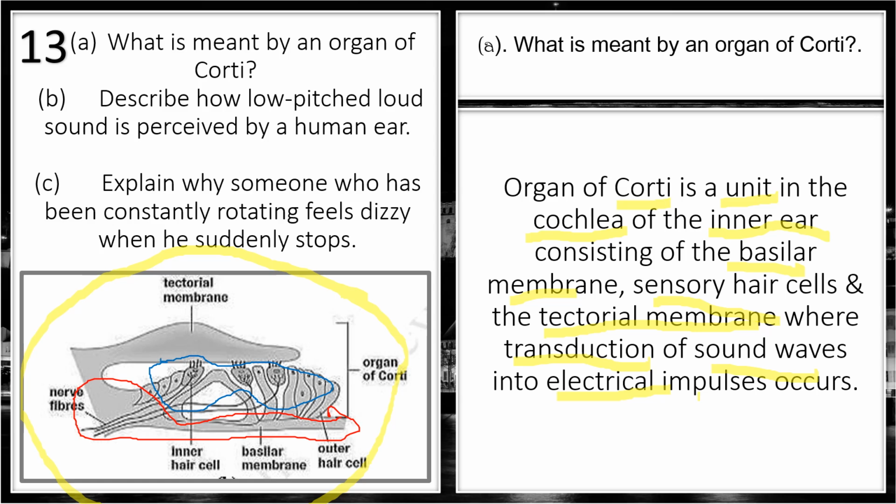And it is made up of the tectorial membrane. The tectorial membrane is this upper layer that you are seeing here. That is the tectorial membrane. And in this organ of Corti, it is where there is transduction of sound waves.